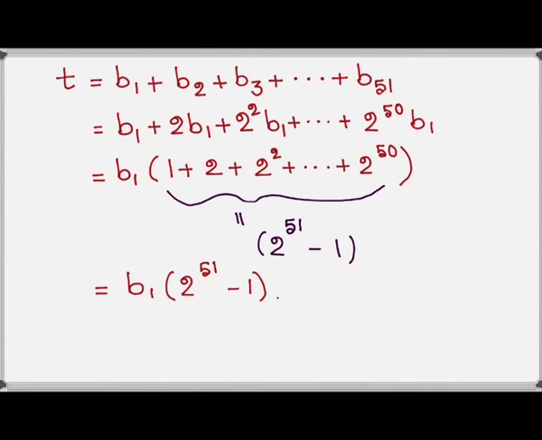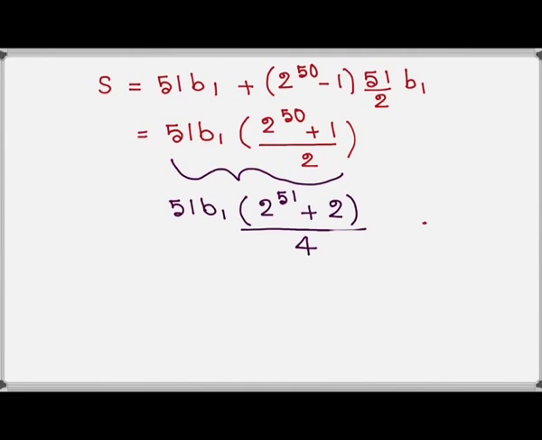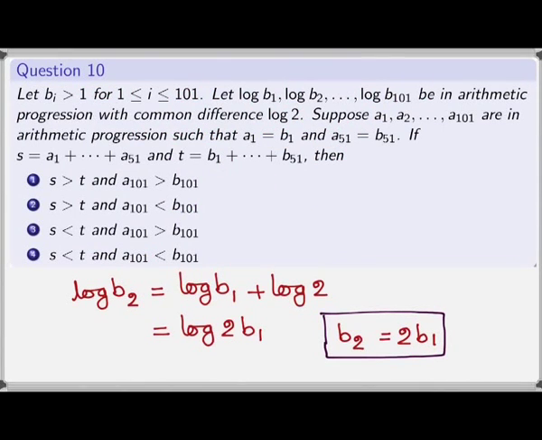We already got T is equal to b1 into (2 to the power 51 minus 1). Therefore, we can conclude that S is strictly bigger than T. So coming back to the question, option 3 and option 4 are not correct.